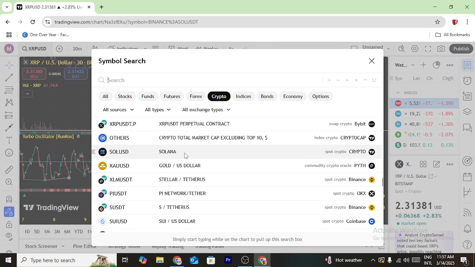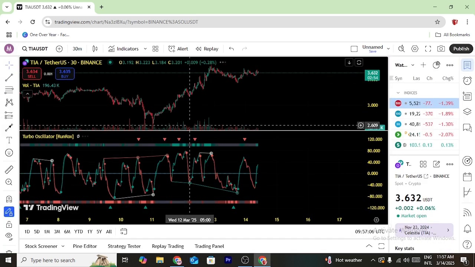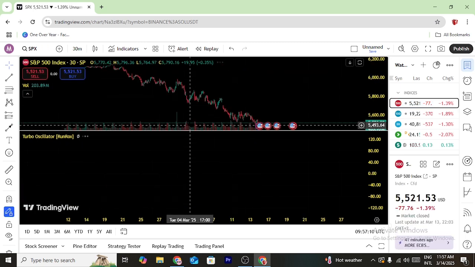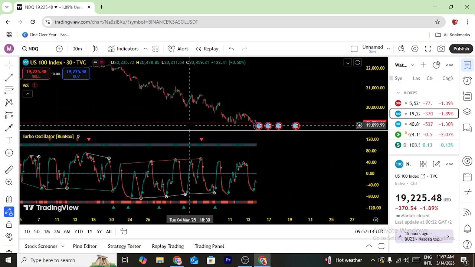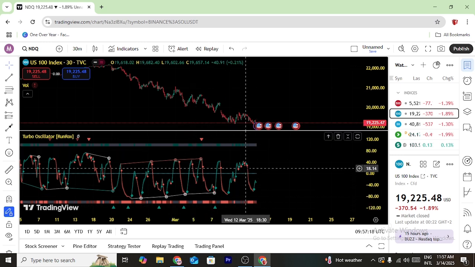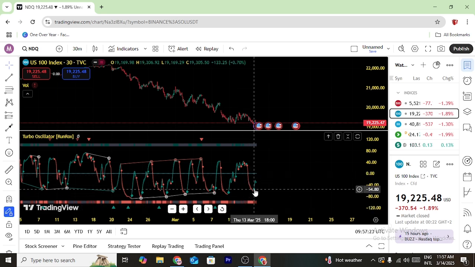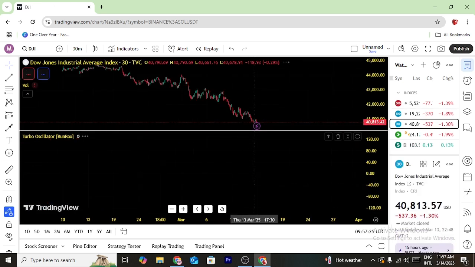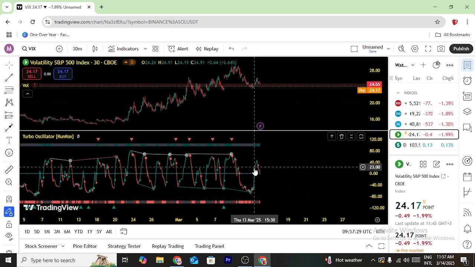Understand, if we make SHIB USDT, see the market has already made a very red candle, is going down and makes a green one, so you can enter from here. If you enter from here, see this is the buying position.